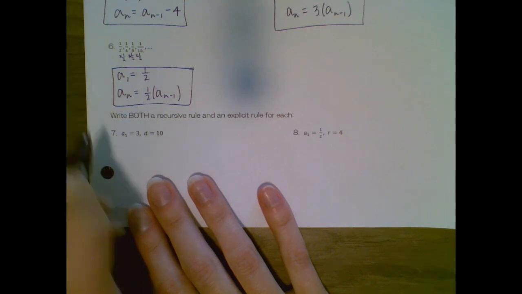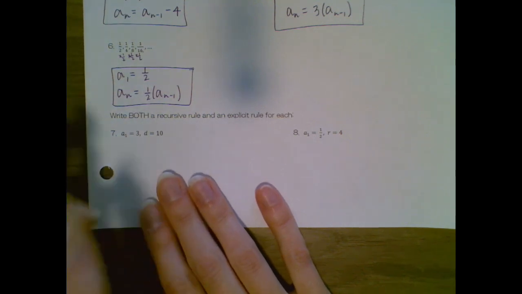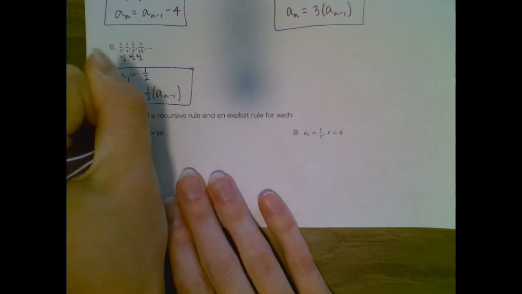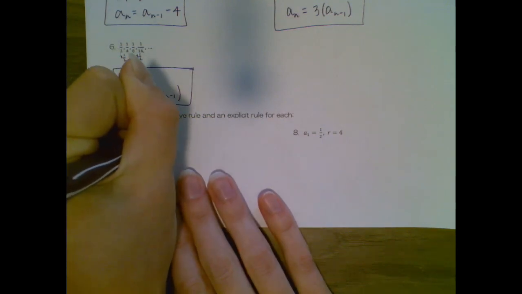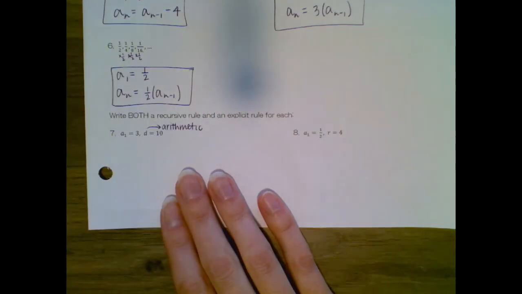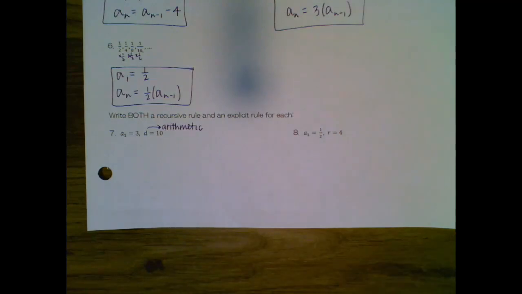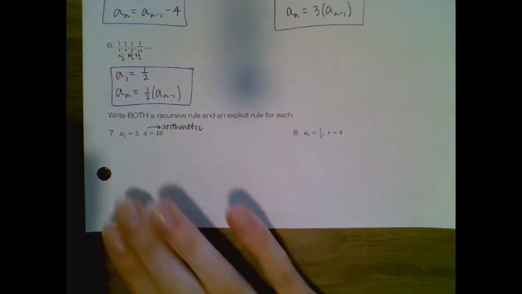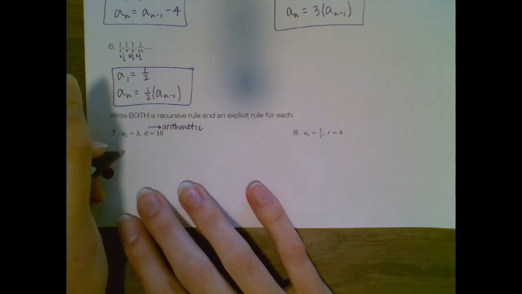Oh no, we don't need a sequence. Okay, so we're given d, which means that this is arithmetic. So we are going to be using this formula for the explicit. But let's just start with the recursive.